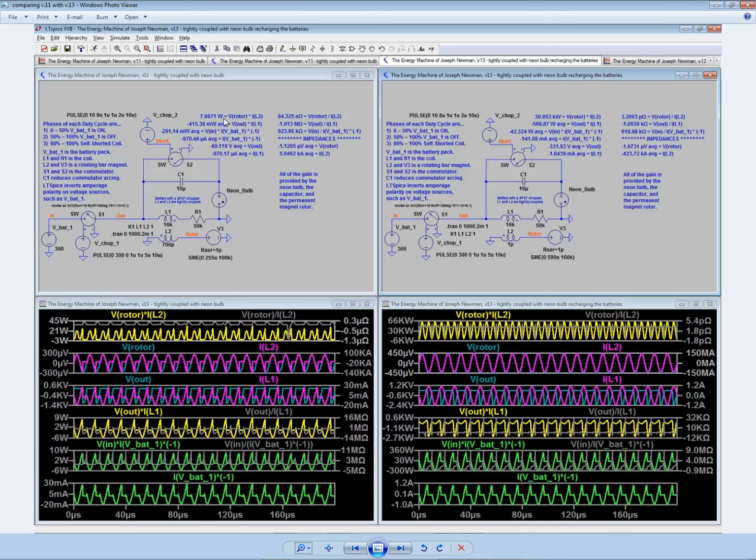The other is that the wattage on the spinning magnetic field when I'm not trying to charge the batteries is a mere 8 watts, while when I'm trying to charge the batteries, it's nearly 31 kilowatts. Positive in both cases, because positive is oriented in reverse direction anyway.